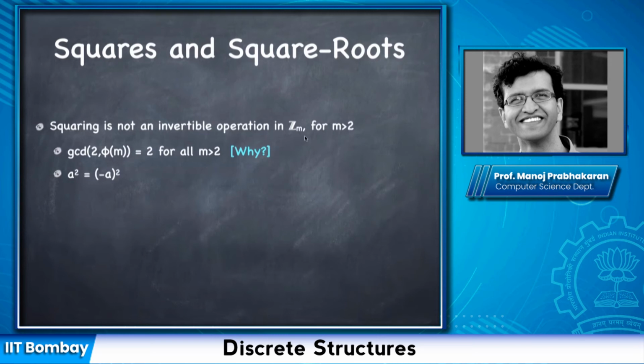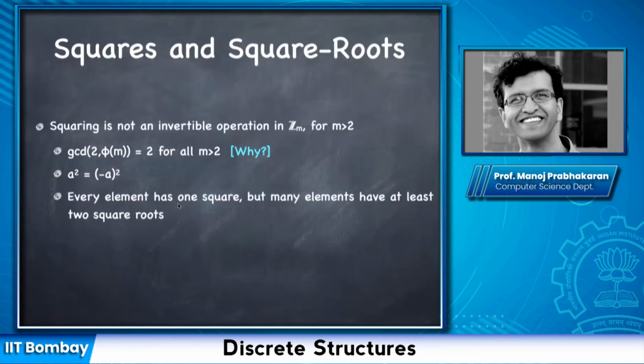In fact, m equal to 2 was one case where a and minus a are the same for all a. But in general, a and minus a will be different, except for a couple of counterexamples. So this would be saying that there are some numbers which have at least 2 square roots.